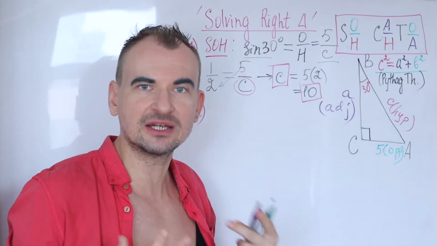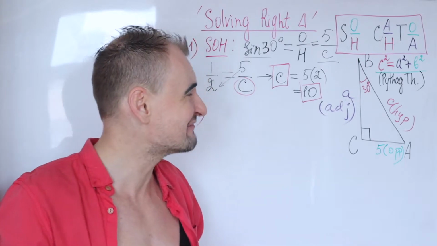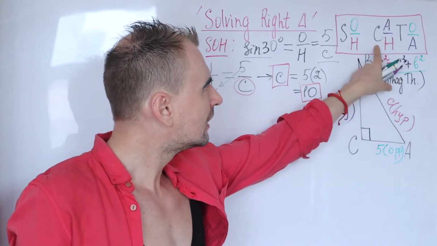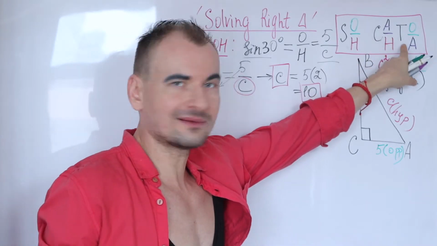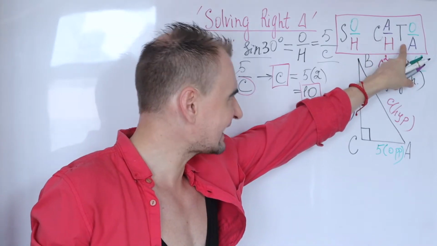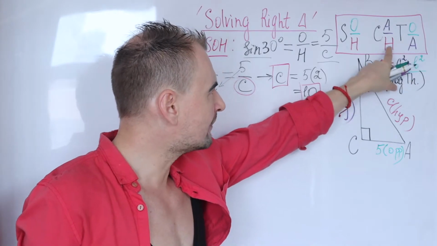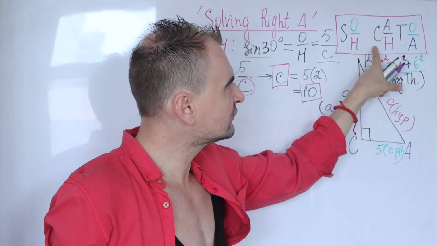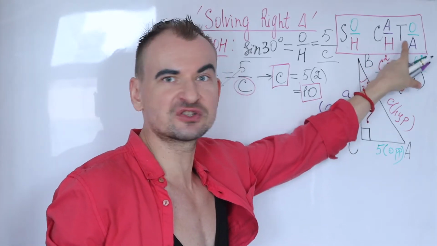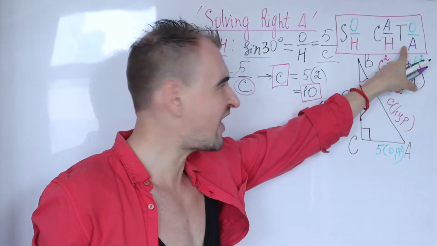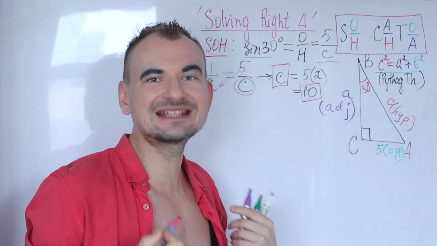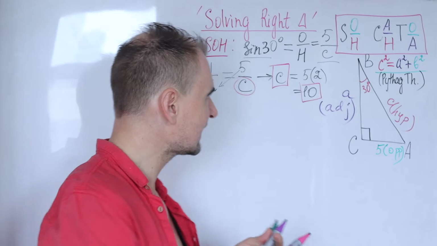It's always fine to have a choice in your life. You could either pick cosine or tangent, since we know the hypotenuse, which is 10, and the opposite, which is 5. Let's pick tangent for fun.